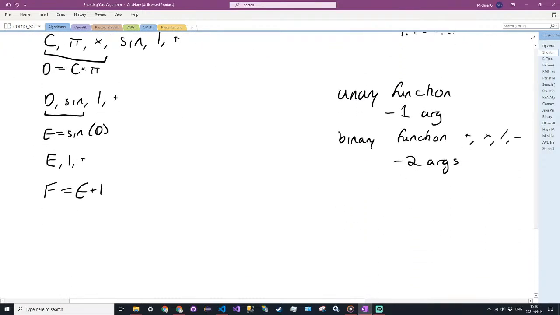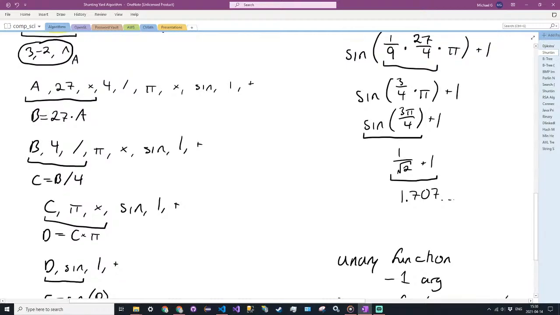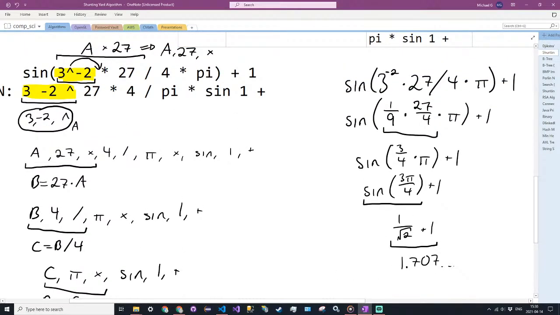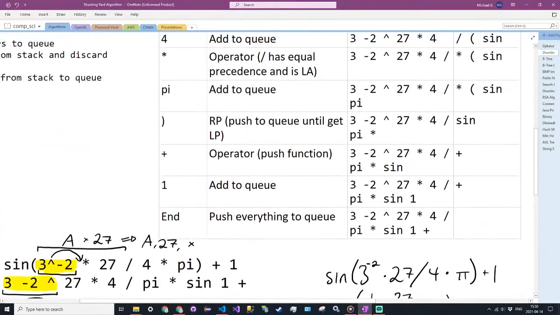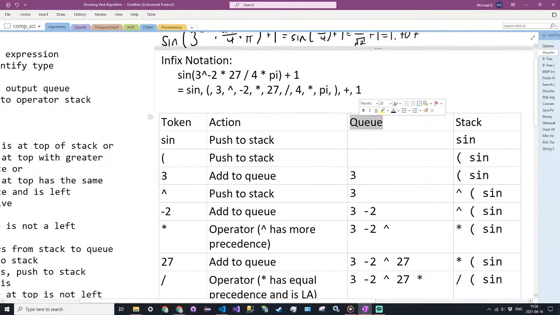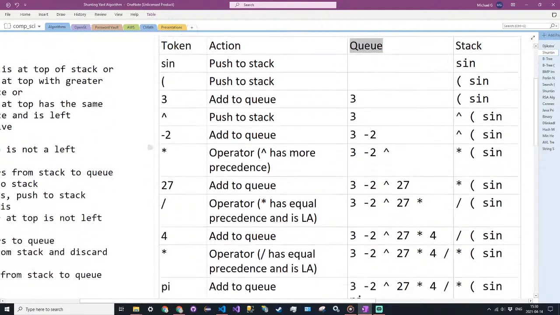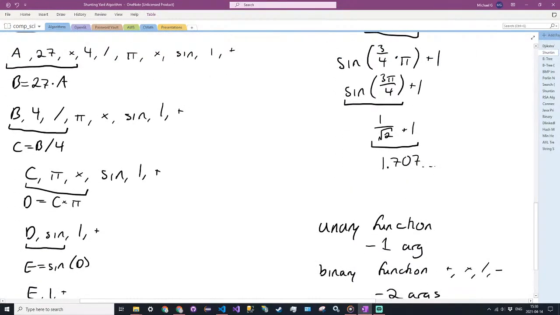So this is how that works. And as I said before, we should start to think about this like a tree. So in our code, once we have our reverse Polish notation, which we obtained using a stack and a queue, which are familiar computer science concepts, we're going to create a tree out of this expression.